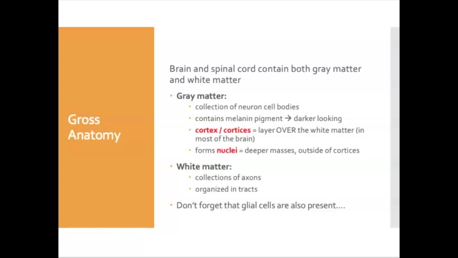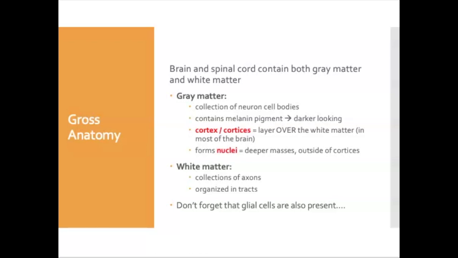We talk about gray matter as cortices in the brain. That's the plural form of that word. The singular is cortex. So we talk about the cerebral cortex in the brain. That is the gray matter layer that lies on top of the white matter.